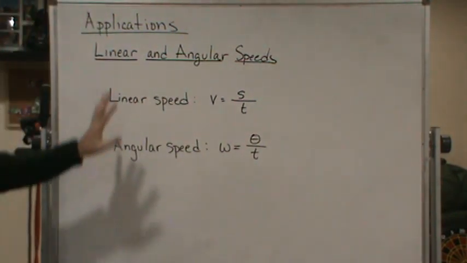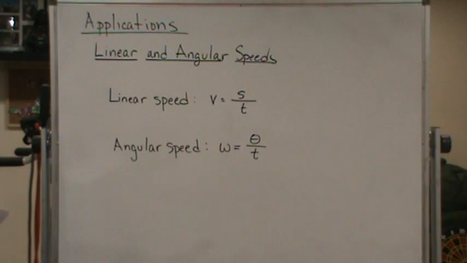To set up the context here, consider a moving particle that's moving at a constant speed along a circular arc, so along a circle.